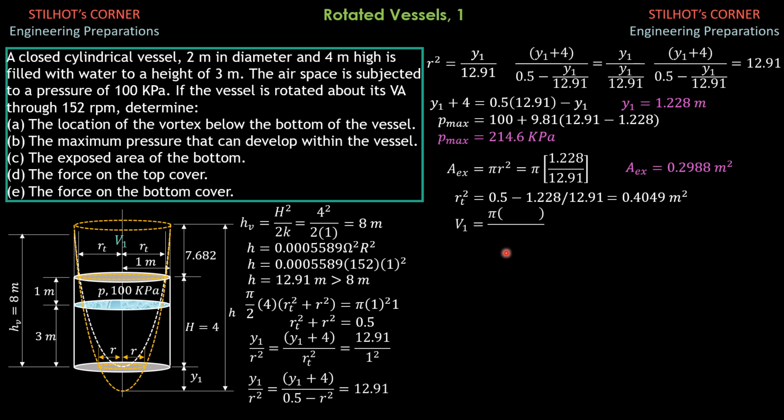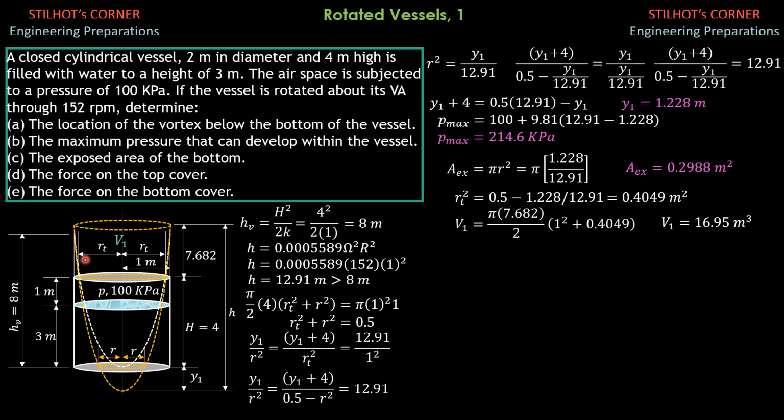So substitute: V1 equals pi times 7.682 over 2, the pi over 2 times height of the paraboloid, quantity 1 square plus the square of the bottom, which is 0.4049, r sub t square. So V1 is 16.95 cubic meter.